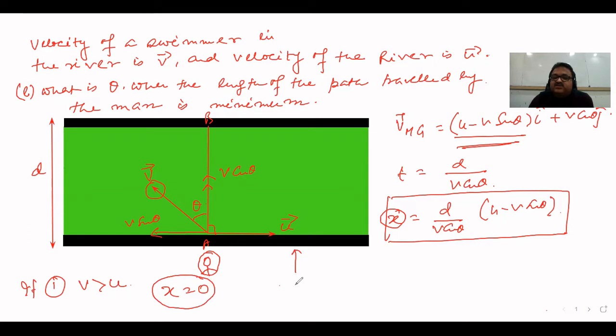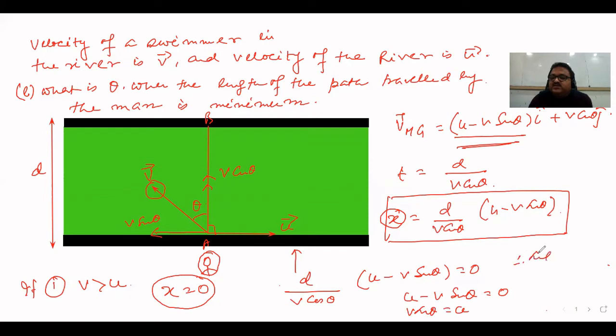Look, if I write x equal to 0, that will be d by v cos theta times (u minus v sin theta) equal to 0. That means u minus v sin theta is equal to 0. So v sin theta is equal to u, or sin theta is equal to u by v, or theta is equal to sin inverse of u by v.